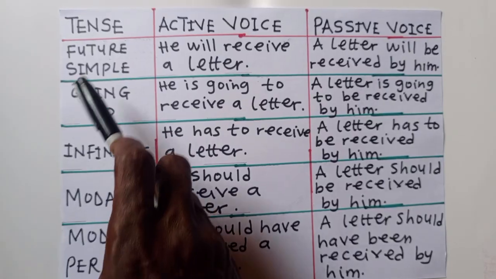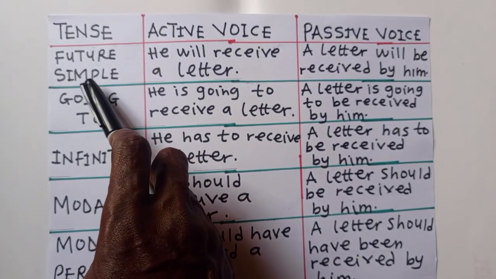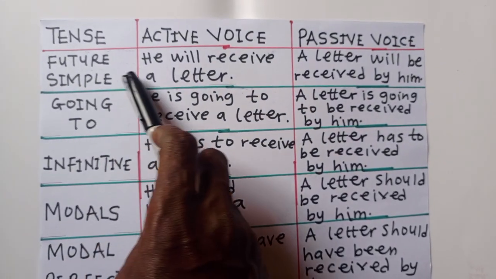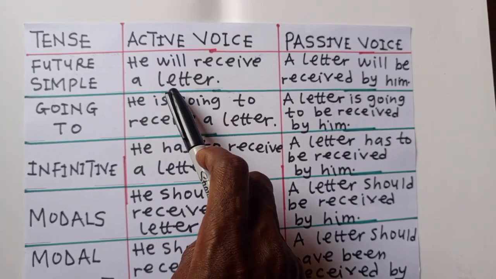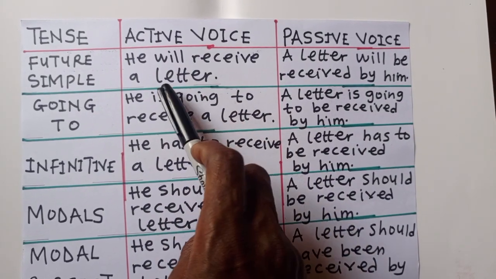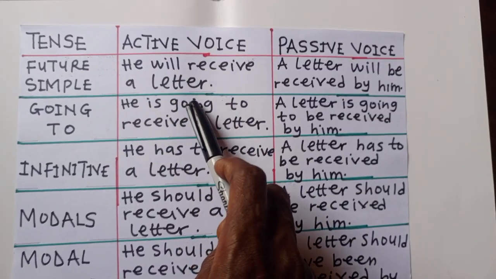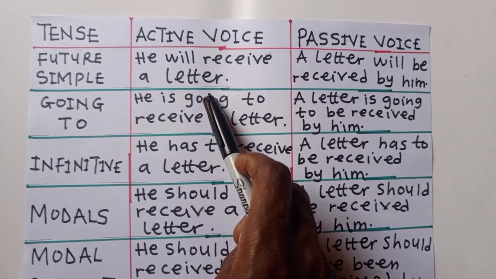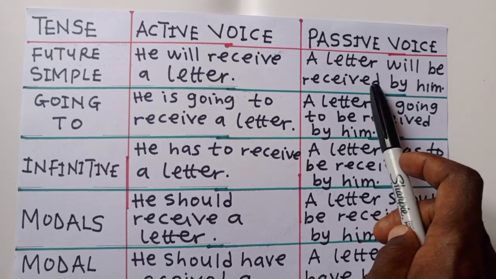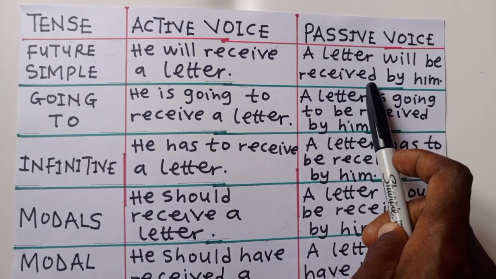And then we look at the future simple tense. For future simple tense, the active voice, example, he will receive a letter. Then for passive voice, a letter will be received by him.